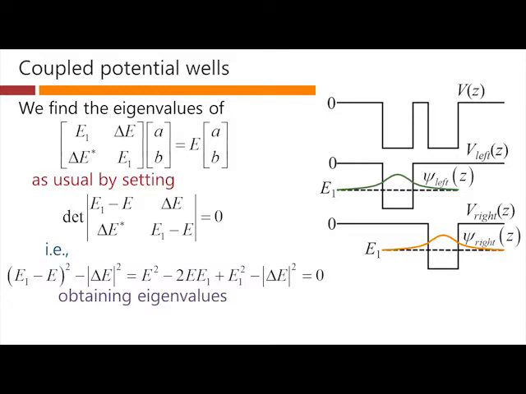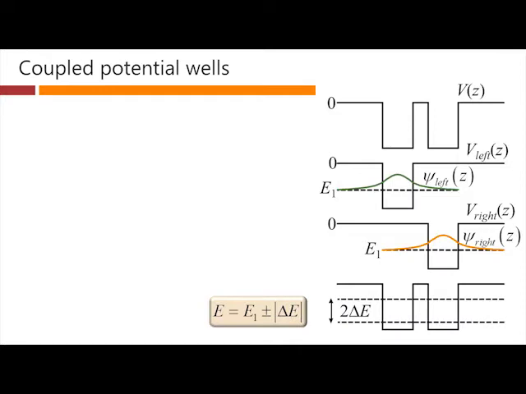And that gives us eigenvalues from the solutions of this quadratic, and they will be eigenvalues E equal to E1 plus or minus the modulus of this quantity delta E. That's the result of solving this equation, or equivalently solving this equation here. And what that means is we're going to get two energy levels here, separated by an amount 2 delta E. The magnitude of the separation is that amount.